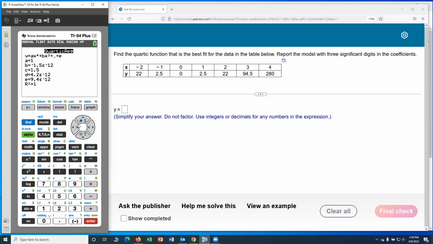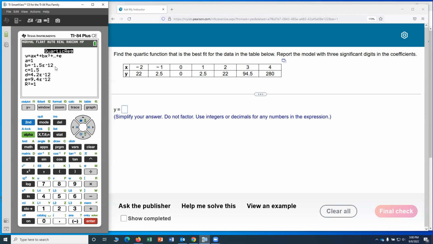So notice that I have 3 of these answers in scientific notation. Anytime you have the E and then a negative number, that number tells you how many places after the decimal point your non-zero digits end up being. So B, for example, says -1.5 E -12.